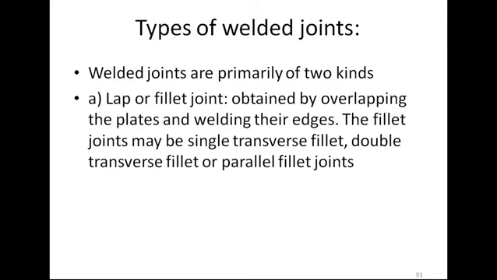Basically, a lap or fillet joint means whatever two or three plates you want to join, we take them together and overlap each other, and then in the gap between the plates, or at the corners which you want to join, we fill the material. This is called the lap or fillet joint.